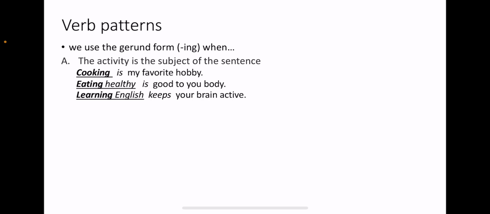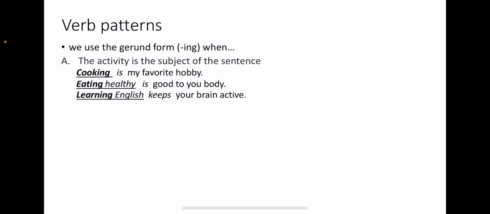We can use the gerund with ing when we have activities that are subjects of a sentence. For example, cooking is my favorite hobby. In this case, I'm starting a sentence, and cooking is not the verb.